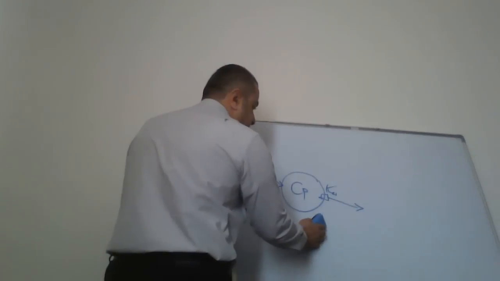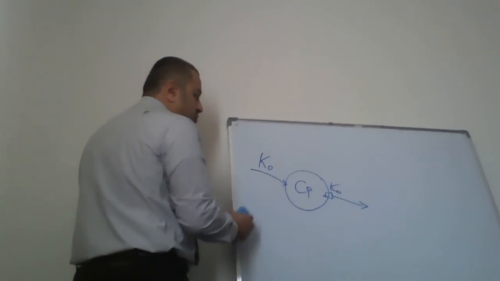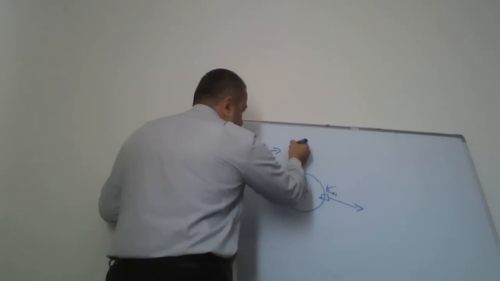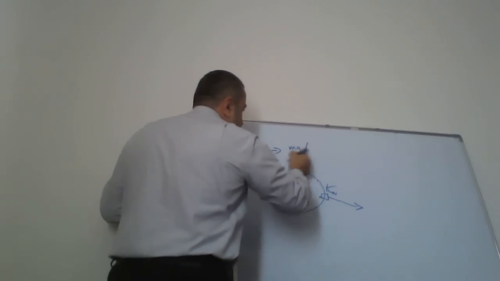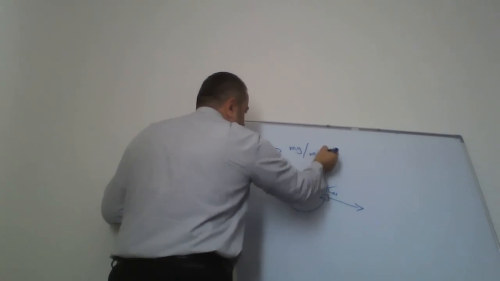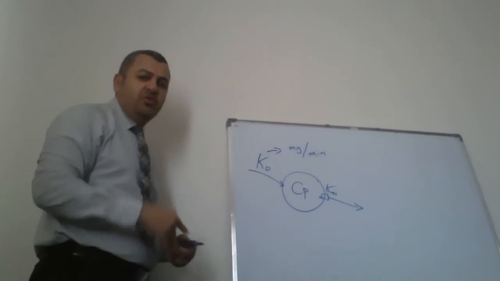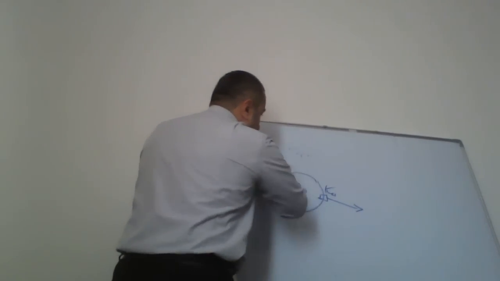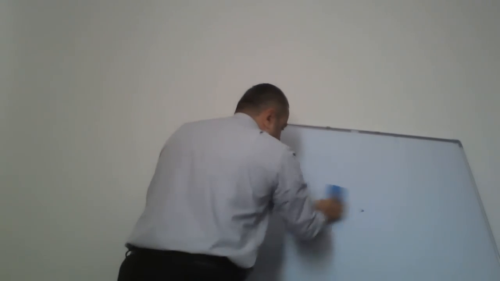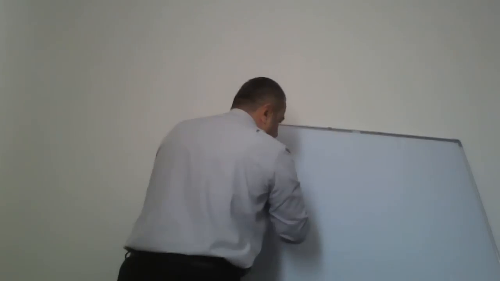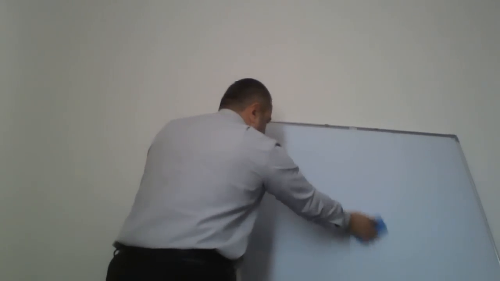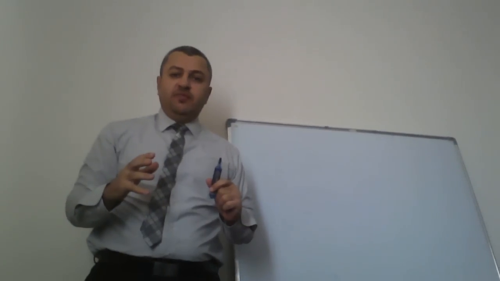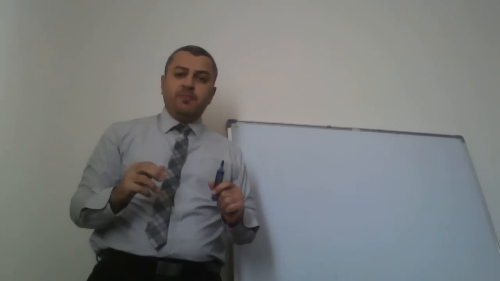Before I write this differential equation, I want you to know the units of K0. K0 units is amount per time, for example, milligram per minute or milligram per hour. Of course, you are adjusting in the hospital the infusion rate using the infusion pump.